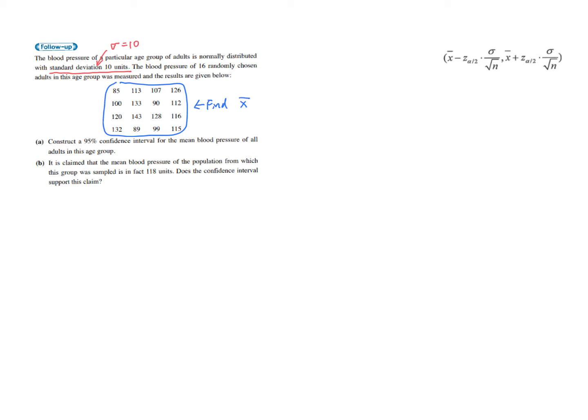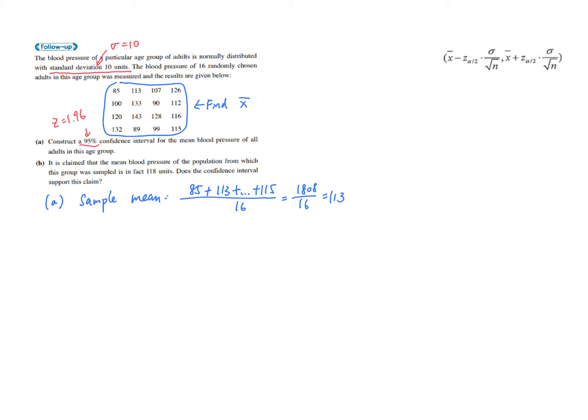Part A, construct a 95% confidence interval, which means that you can set z equals 1.96. So I think this question again is pretty straightforward.